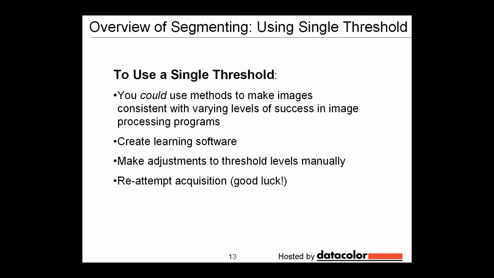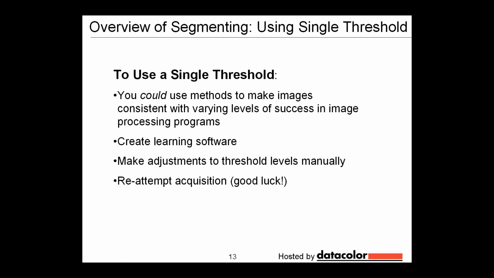To solve the problem of having to set various thresholds and to use a single threshold, you could use methods to make the images consistent, and you could use various post-processing programs, and if you really know how to use them, you can have varying levels of success. But you have to remember that when you do this, it's also very time-consuming.